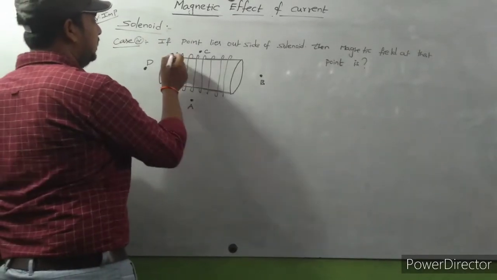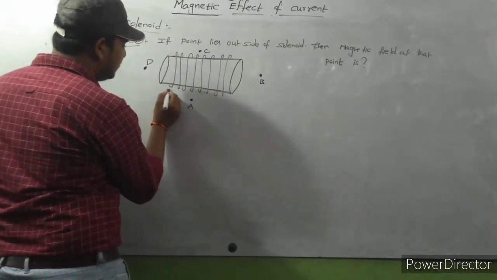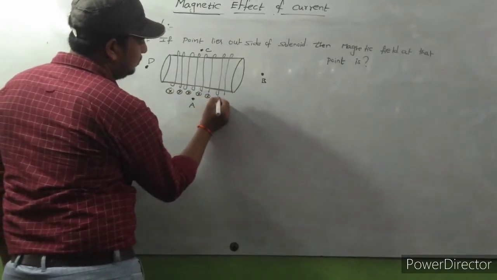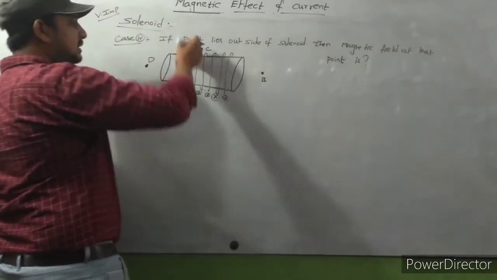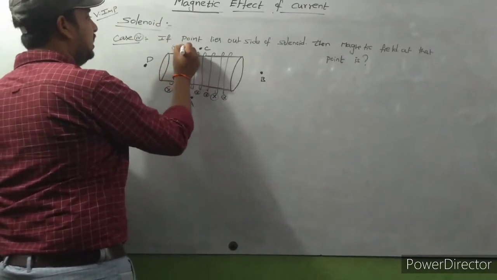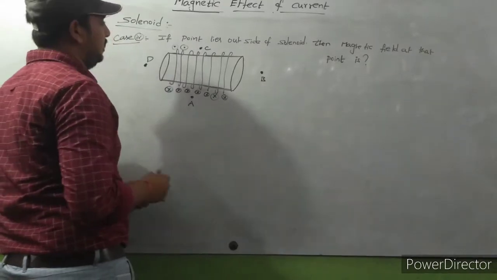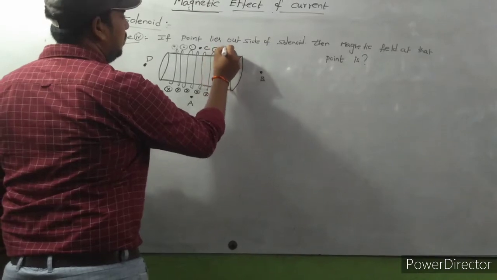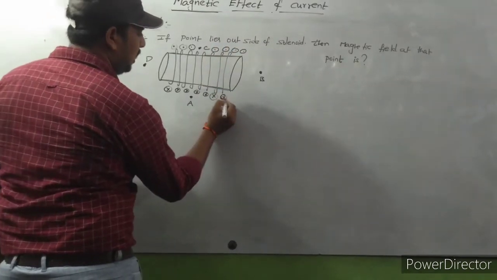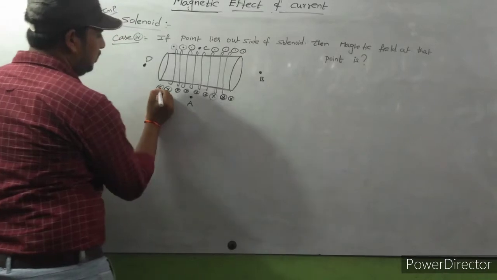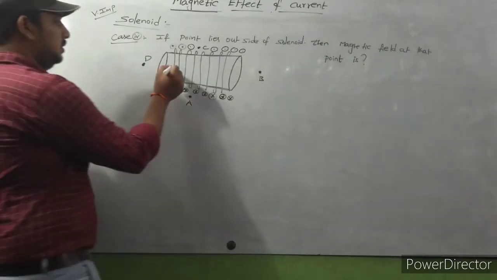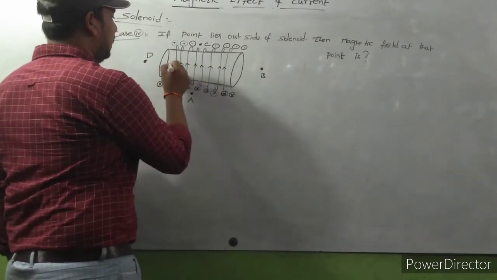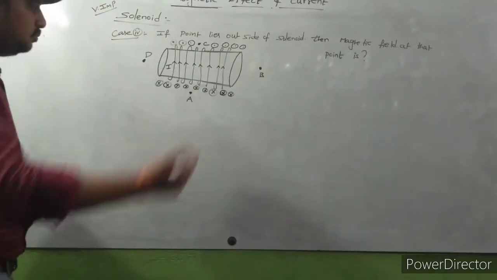Here I consider the current entered. This side current is entered, and this side current is leaving. Leaving is indicated with the out-of-plane symbol. Current is leaving here, and current is entered here. So electric current is moving like this.